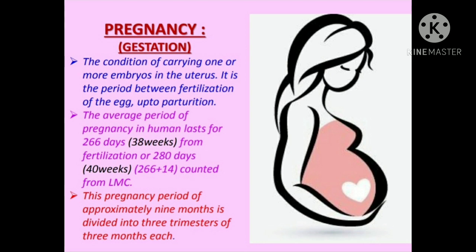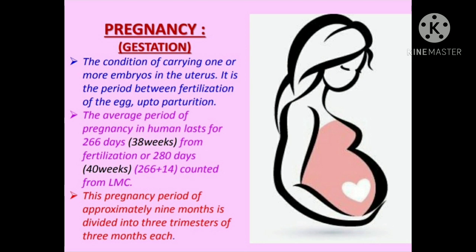So counting from the date of the last menstrual cycle of the female, the period is about 266 days or 280 days from the date of fertilization.